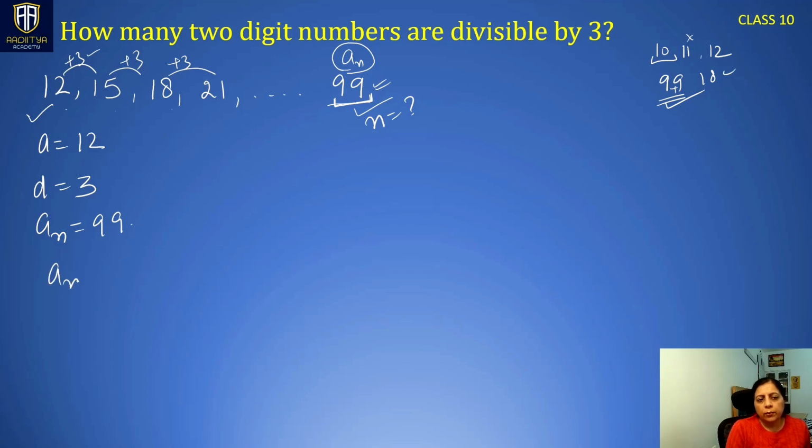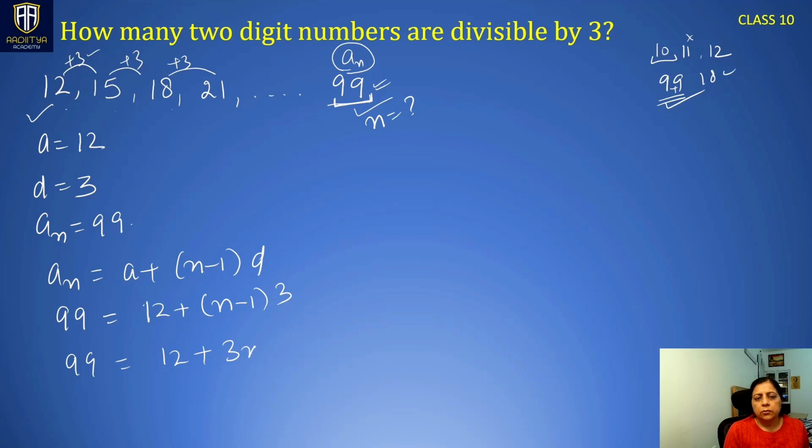So use the same formula. an is a plus n minus 1 d. The value of the term is 99. The first term is 12. n is what we have to find, the number of the term at which we have 99. d is 3. So 99 is equal to 12 plus 3n minus 3. 12 minus 3 is 9, plus 3n.